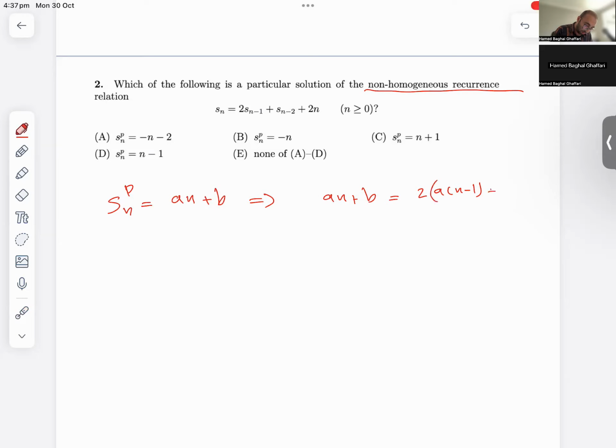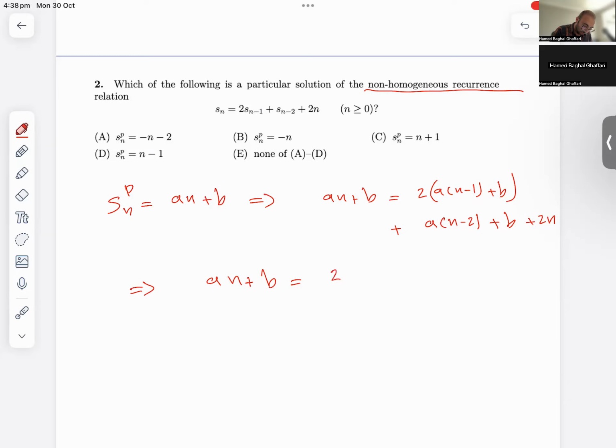plus b, plus S sub n minus 2, which will be a(n minus 2) plus b plus 2n. From here, I need to expand the right-hand side, then I will compare the coefficients of the n and the constant parts, and I will be able to obtain a and b.